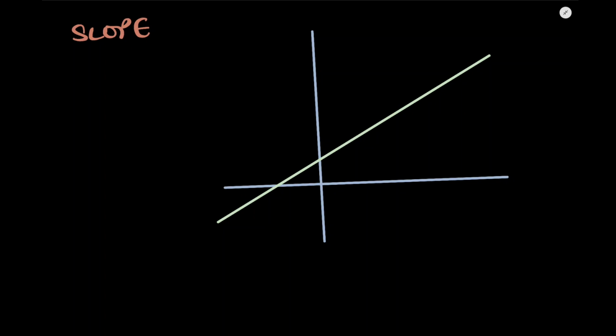Now the slope will be rise. We always rise up and down along the y-axis or the y dash axis, and we run forward and backward, which means we run on the x-axis, so the x and x dash.